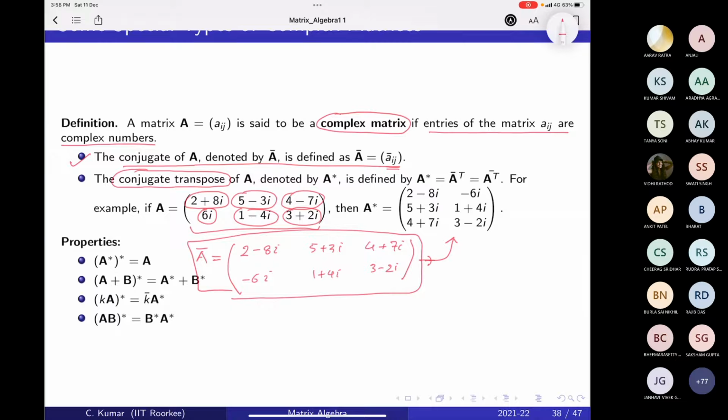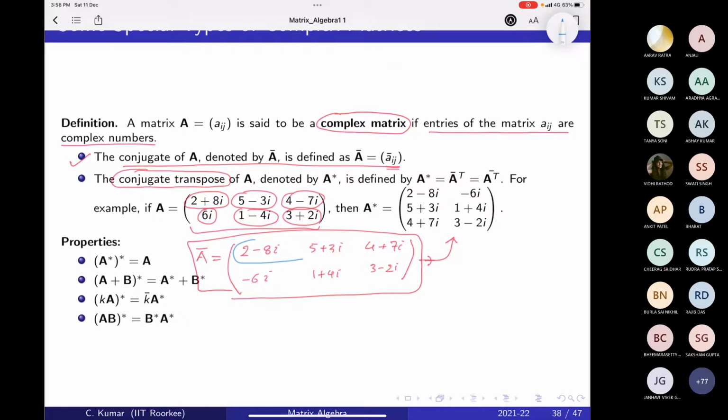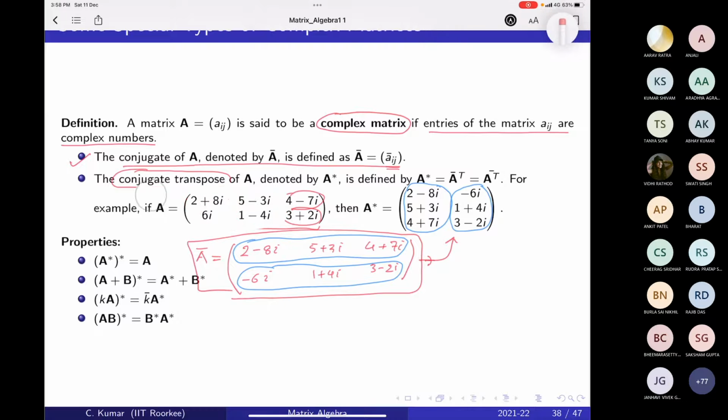So A star is the conjugate transpose of A. If you take the transpose, then the first row becomes the first column. The first row is this one, and this becomes the first column. And the second row is this, and this becomes the second column. Fine. So this is the conjugate transpose. All right.